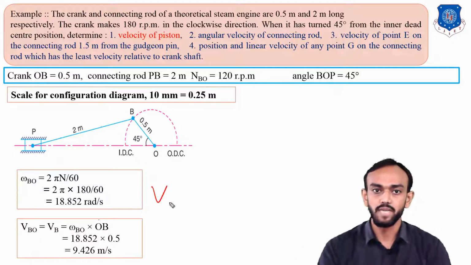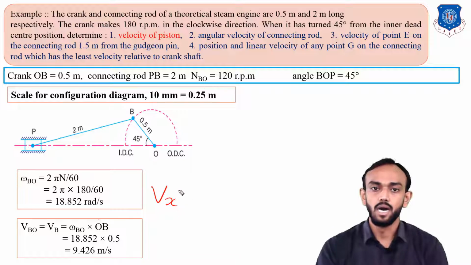So velocity of any point with respect to a fixed element, we can write directly. But whenever we write the velocity of any element with respect to another moving element, then we must write it like this. This is the moving element. So we find here the velocity of B with respect to O is 9.4 meter per second.